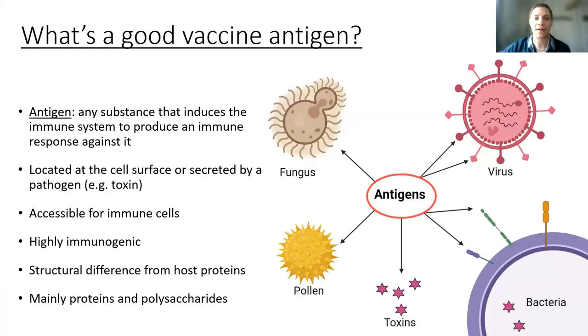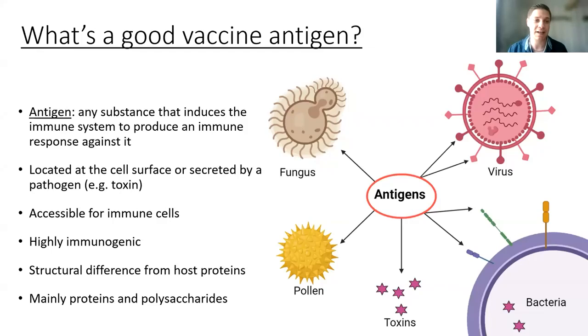So, first of all, what's an antigen and what's a good antigen? By definition, an antigen is any substance that will induce the immune system to produce an immune response against it. As you can see on the figure on your right, antigens can be from various sources. A good vaccine antigen should be located at the cell surface or secreted by a pathogen, for example, like a toxin.